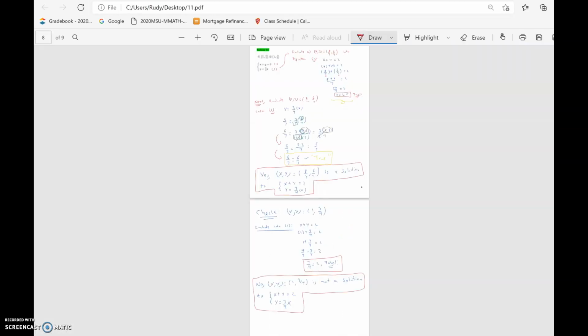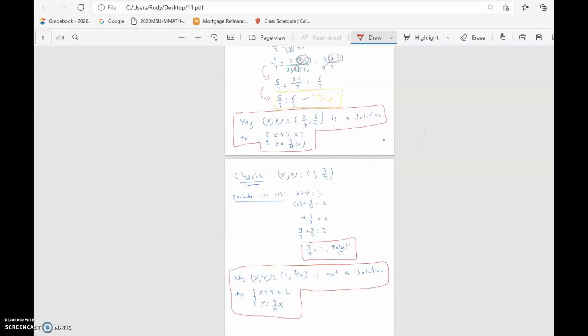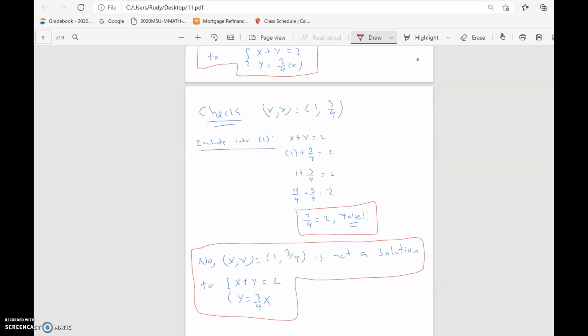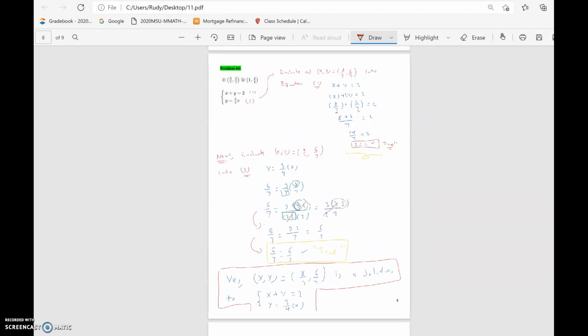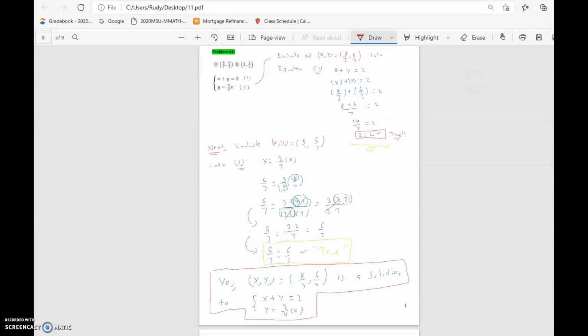That's actually it for this problem. Once again, if one of them fails, it's not a solution to the system. For the first one, both statements agree, so yes, it was a solution to the system. So only the first coordinate point is a solution.